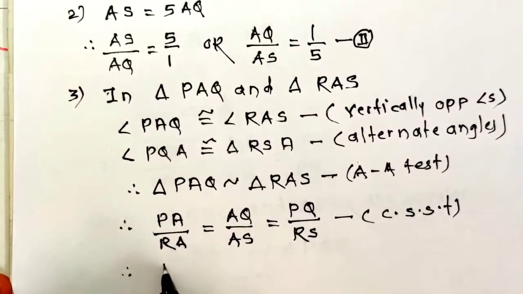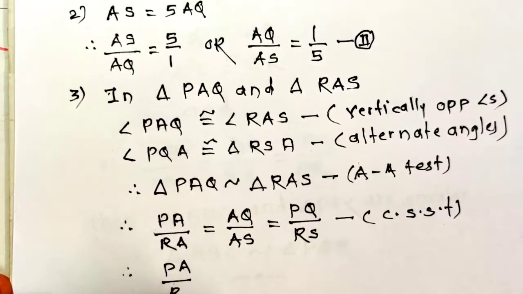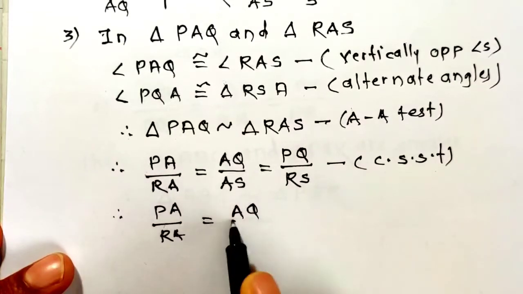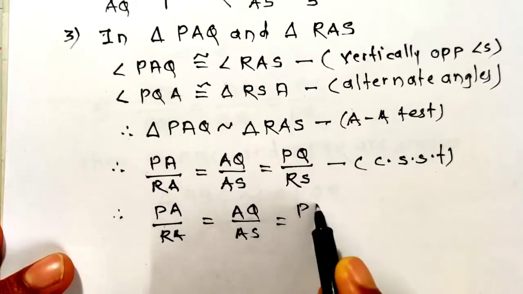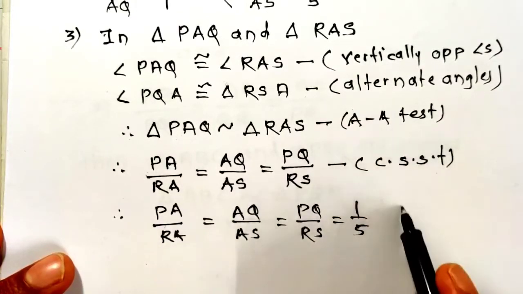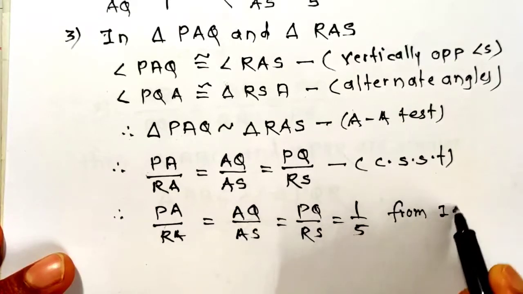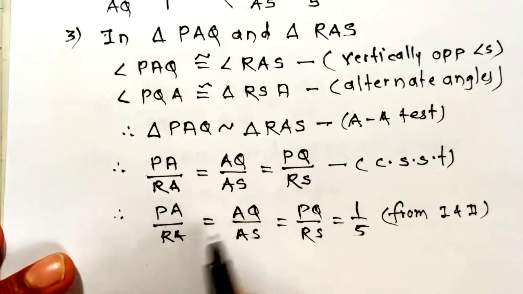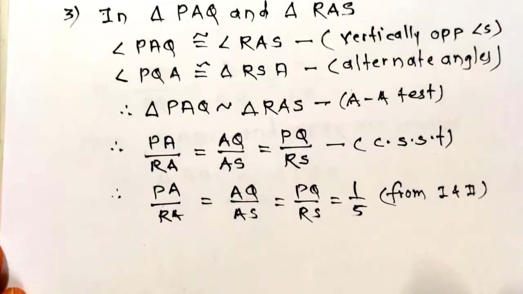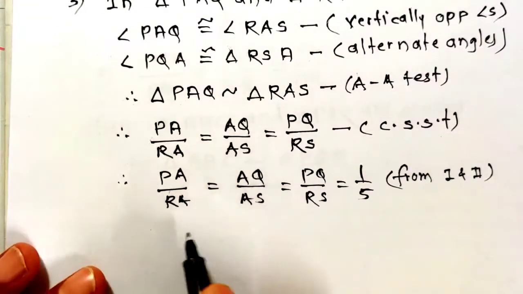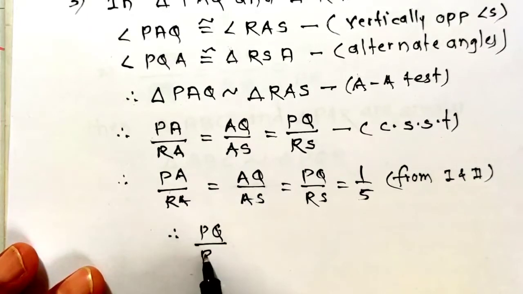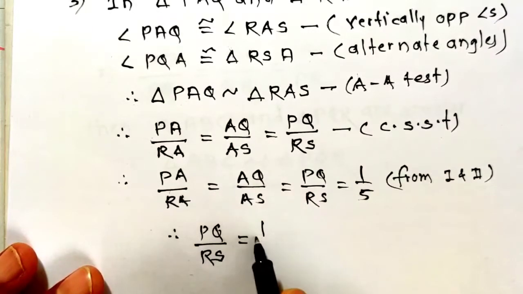Therefore, PA by RA is equal to AQ by AS is equal to PQ by RS is equal to 1 upon 5, and reason: from 1 and 2, because the first and second ratio is 1 upon 5 and all these three ratios are equal, so each ratio is 1 upon 5. So the third ratio PQ by RS must be 1 upon 5.